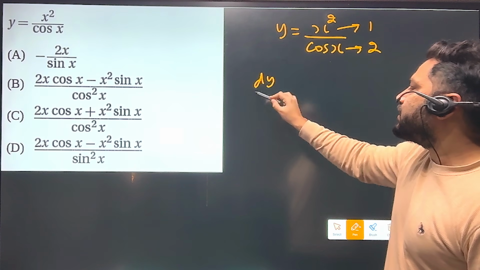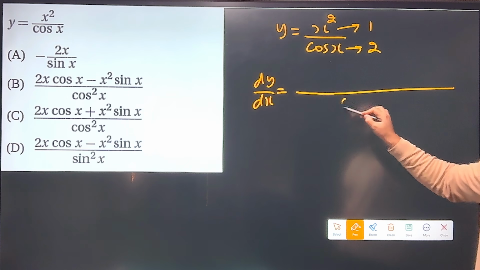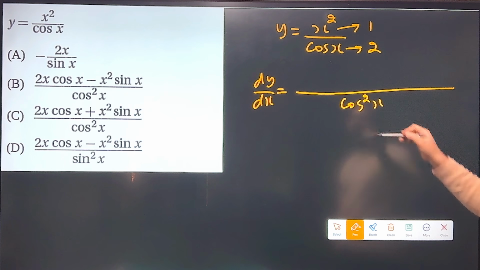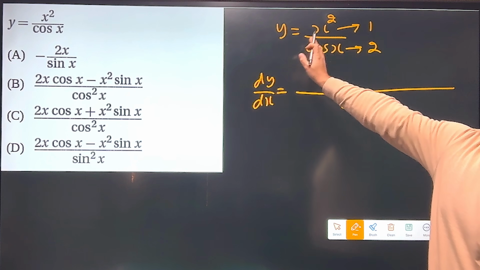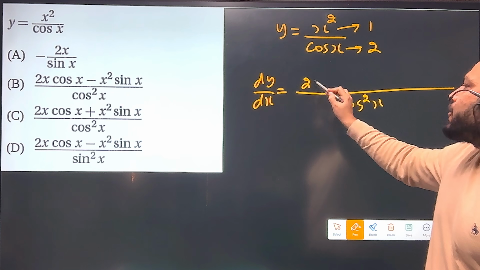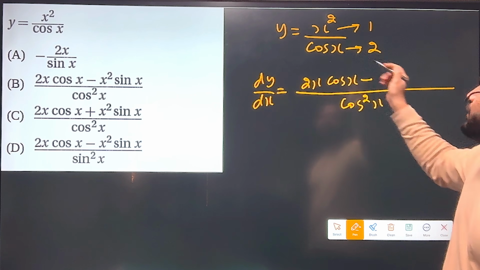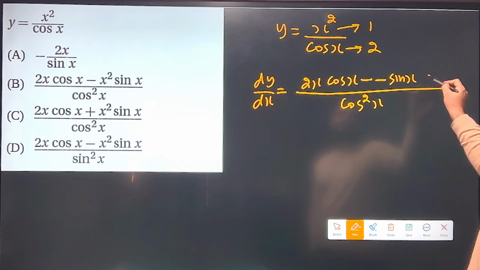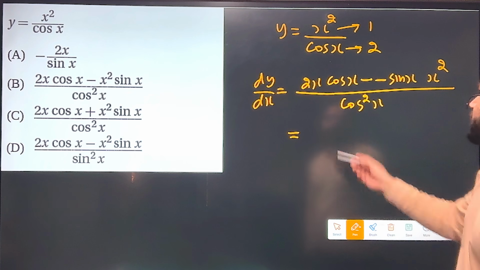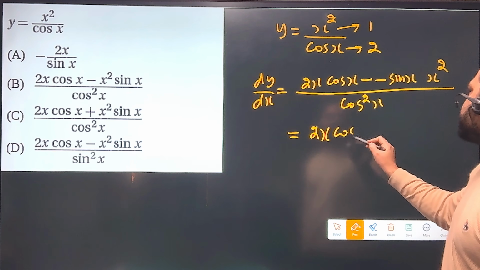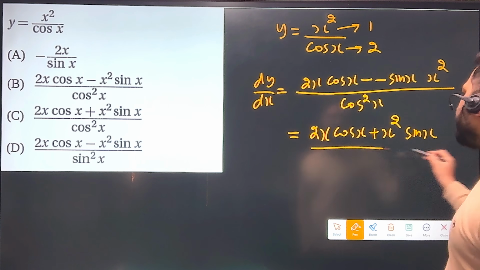This second function we have to square and write in the denominator, and in the numerator, first of all we do the differentiation of the first part, that is 2x, the second remains the same, and minus we do the differentiation of the second part, that is minus sin x, and the first remains the same. So this is the quotient rule. This is the answer: 2x cos x plus x square sin x, divided by cos square x.